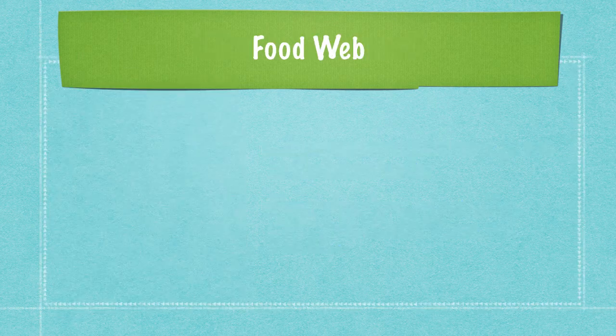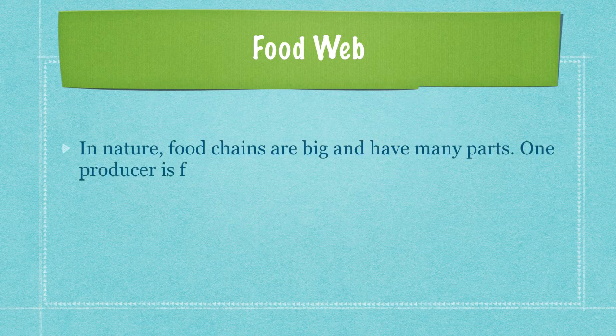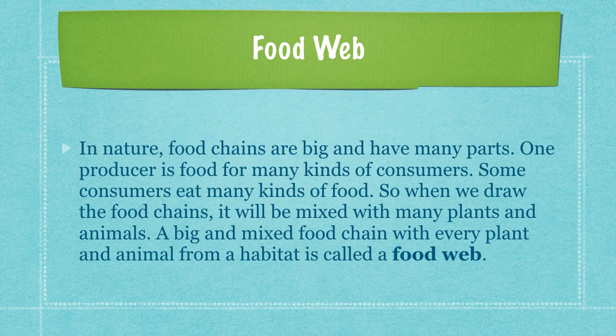Let's continue. Now we talk about food web. In food web, let me read. In nature, food chains are big and have many parts. One producer is food for many kinds of consumers. I mean to say, there's a lot of consumers eating the producer.